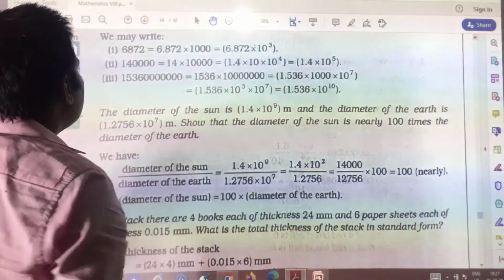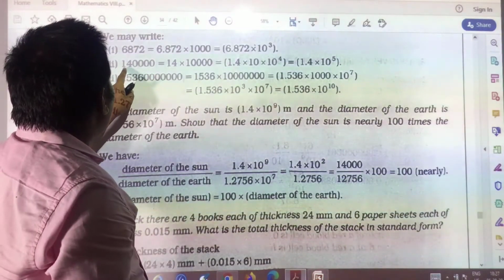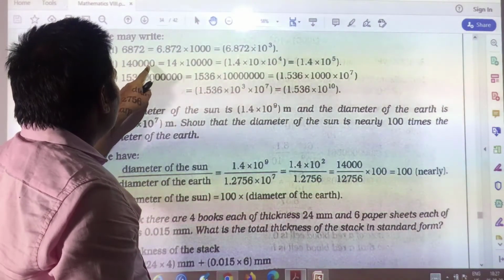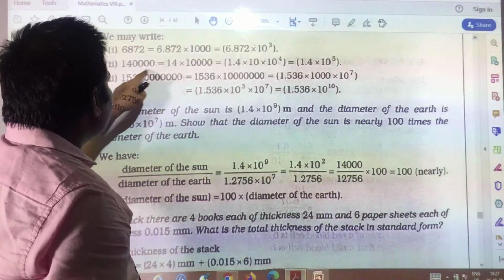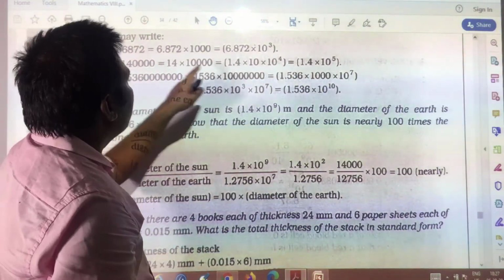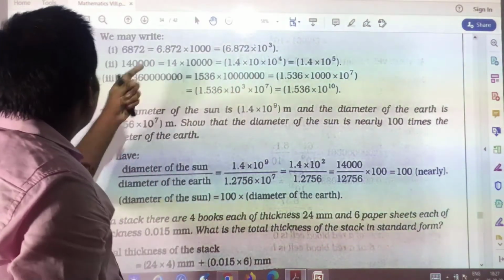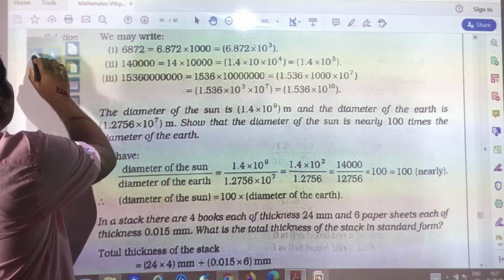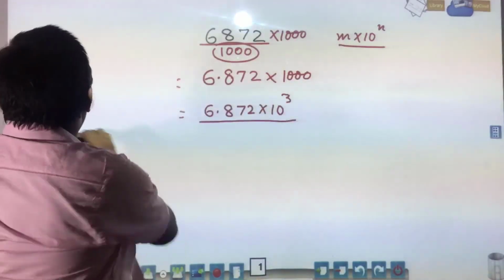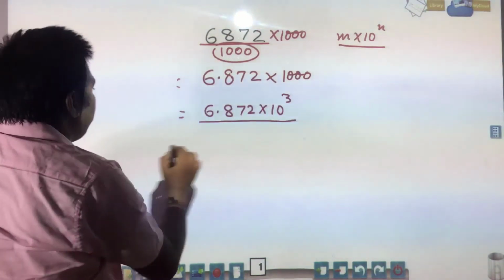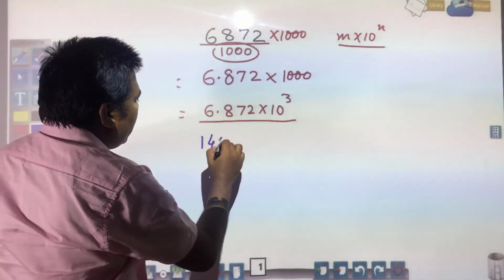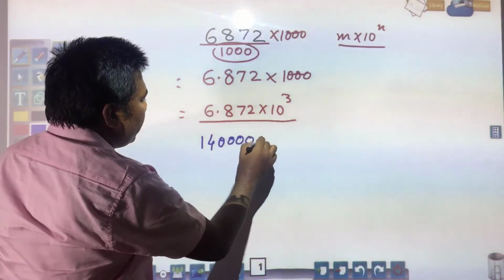here you see 140000. Suppose you need to again convert this into standard form. Again you see, the same example also. Suppose you have the number 1, 4 and 5 zeros.